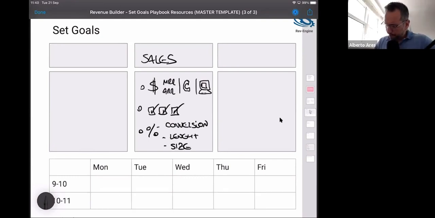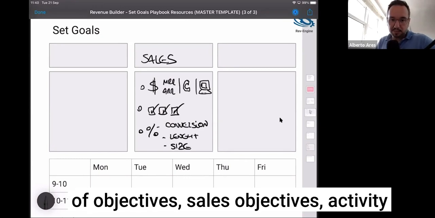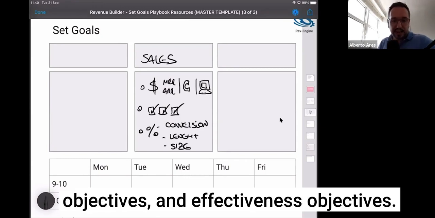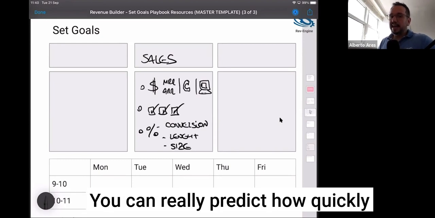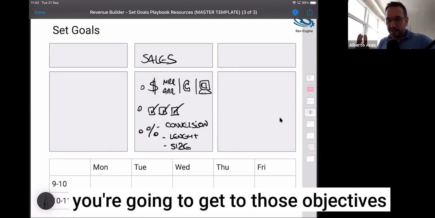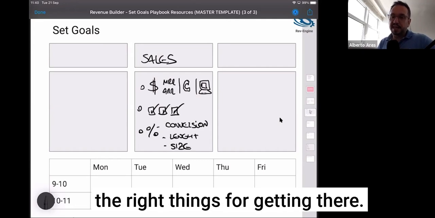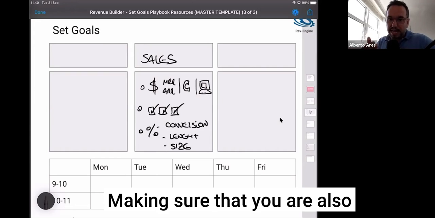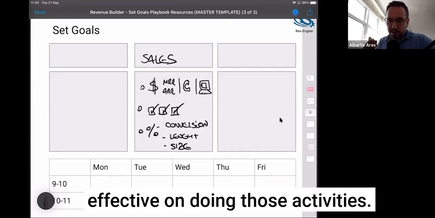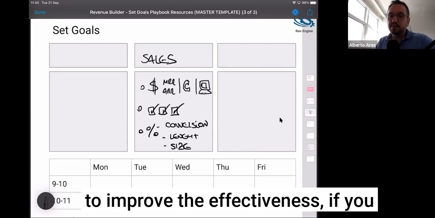And so by having these three different types of objectives, sales objectives, activity objectives, and effectiveness objectives, you can really predict how quickly you're going to get to those objectives and make sure that you are doing the right things for getting there, and making sure that you're also effective on doing those activities. And if you're not, take corrective action to improve the effectiveness.